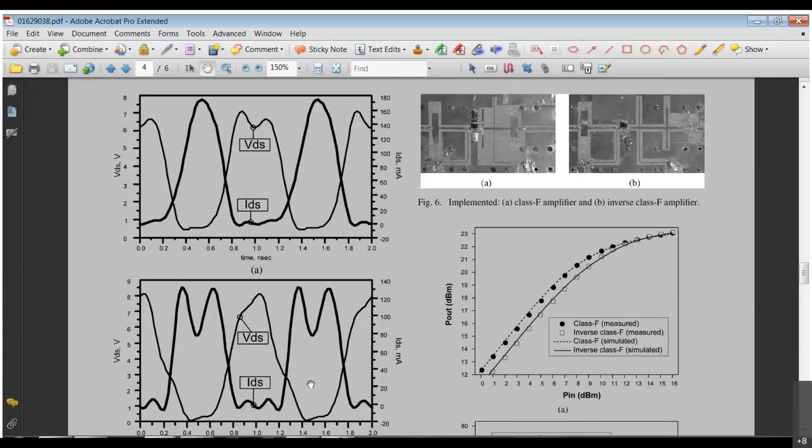It is the efficiency at the end which matters, which will be dictated by the product of the waveforms. And the categorization of a circuit into a class will be dictated by the impedance towards the load.